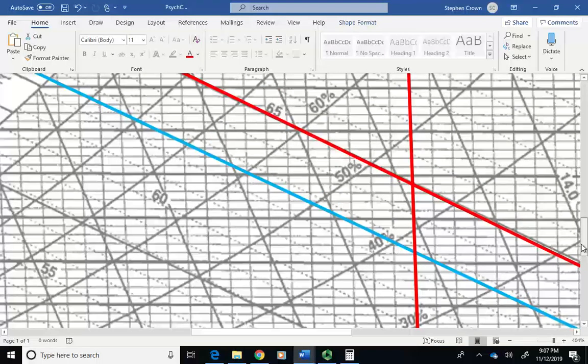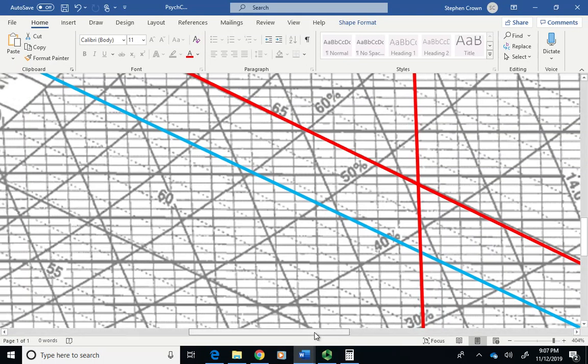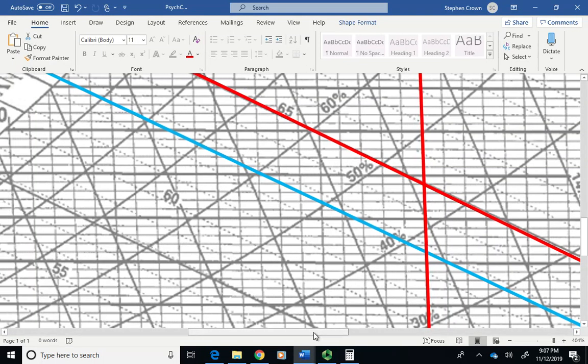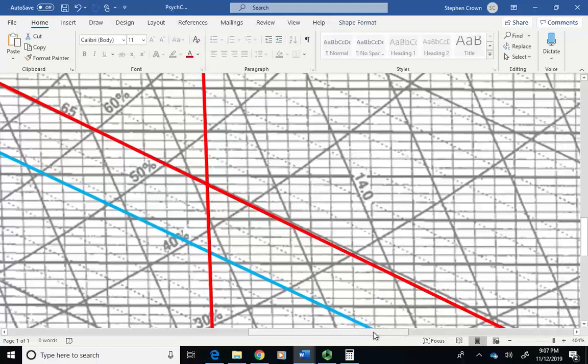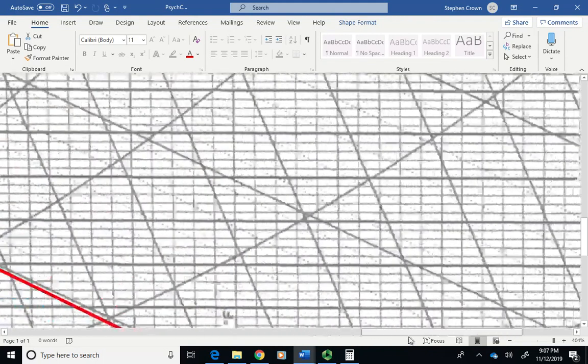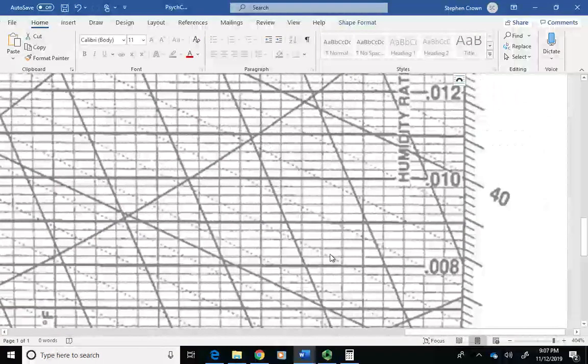So now I've got the intersection of those two right there, and I'm going to read my other properties from that point. Looks like I can read this line right here and one down from it if I want my humidity ratio for that. I'm not sure if it asks for that, but I'll come over here. It looks like it's going to be on this line right below this.